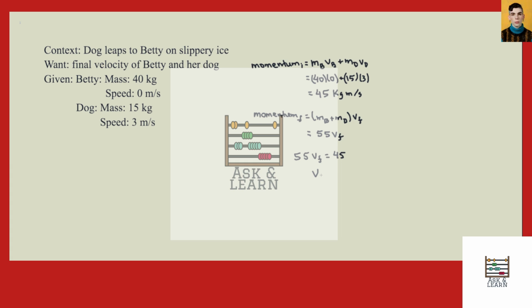We have that final velocity is going to be equal to 0.818, etc. meters per second. So we can just say that the final velocity of Betty is approximately 0.82 meters per second for her and her dog.